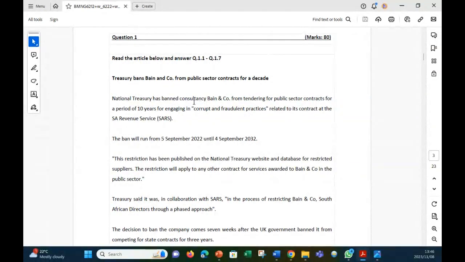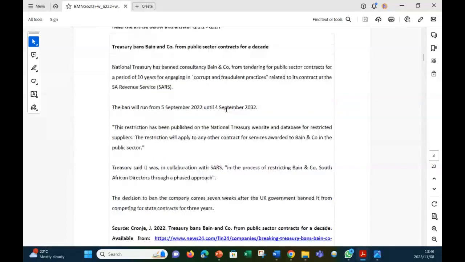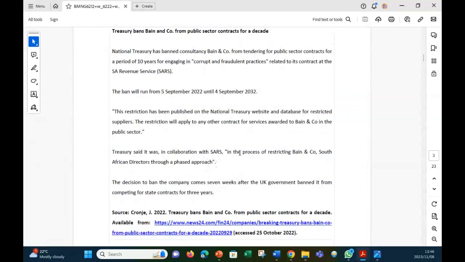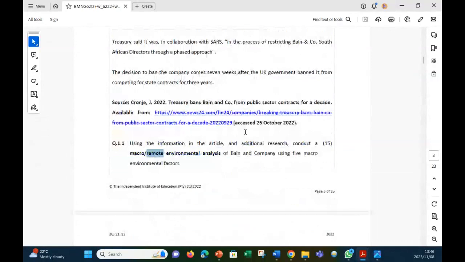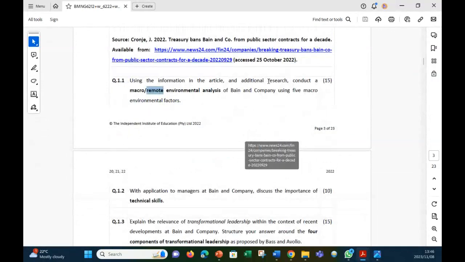We know that this will be political or legal, and you need to link it to that. So that is the first one. Obviously there's a bit of information there. There's not a lot in terms of application, so if it was a similar question, please focus on discussing the legal and political aspects.